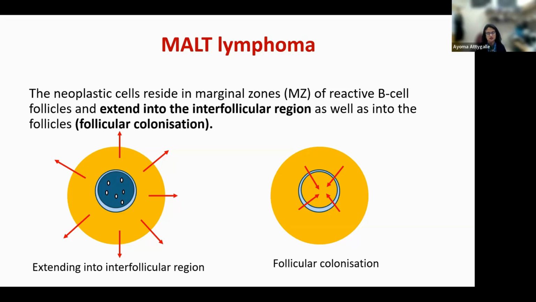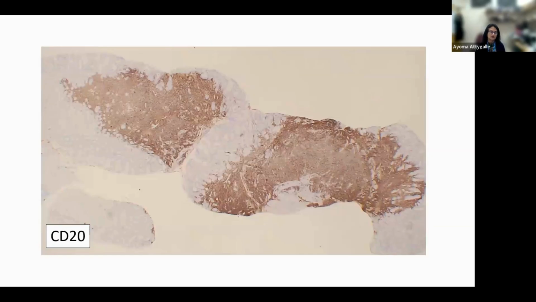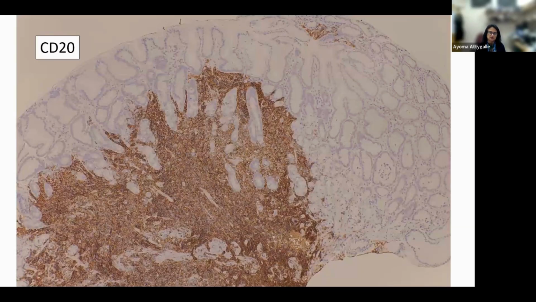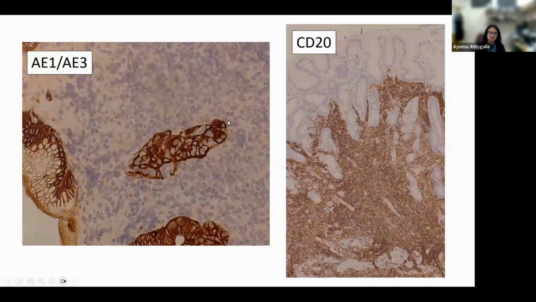So you can see how this orange part can actually occupy practically the whole of the tissue. So this is essentially what you're seeing here. You're seeing this extensive, dense infiltrate, which is positive for CD20. And you can see here how it's creeping up between the follicles. And as I said, the lymphoepithelial lesions are better appreciated on the AE1/AE3.